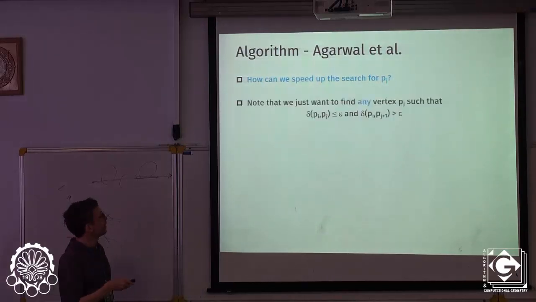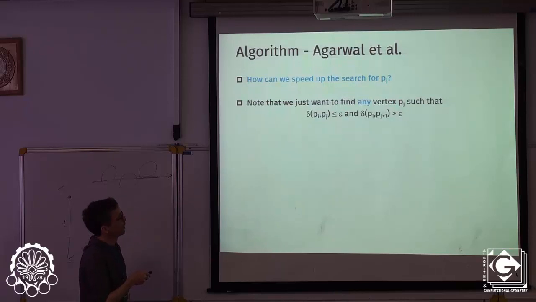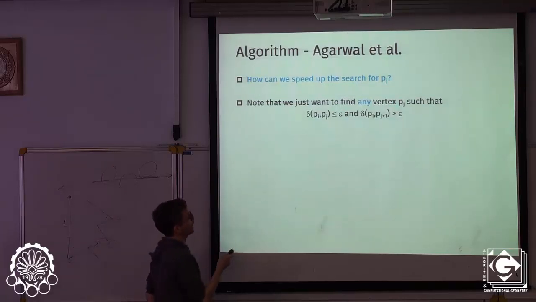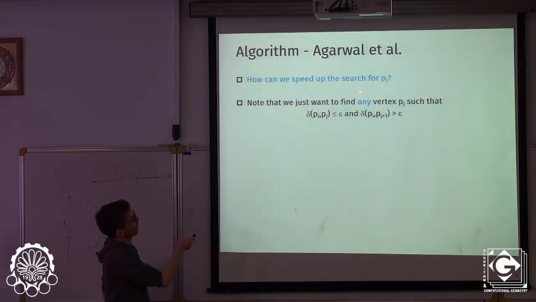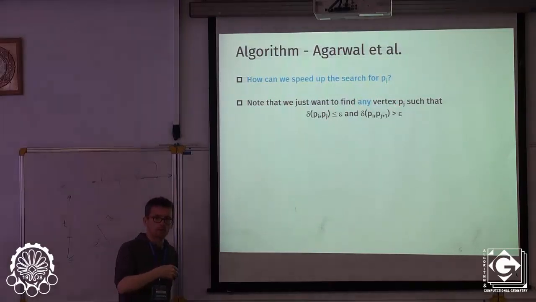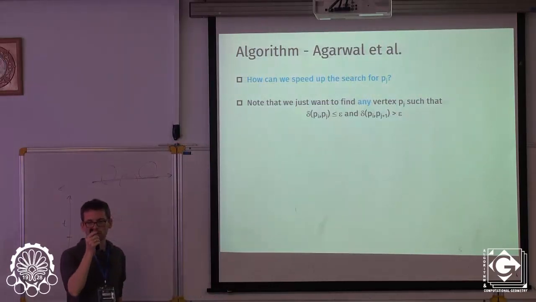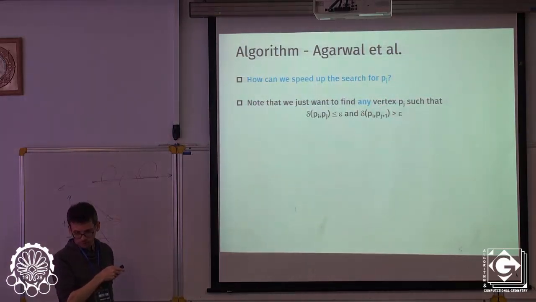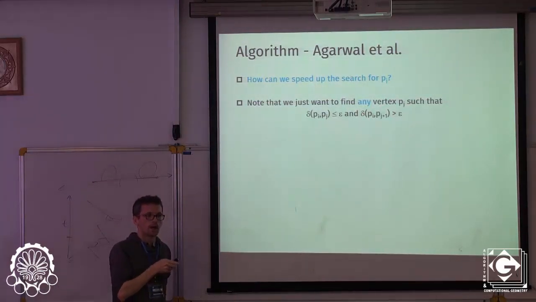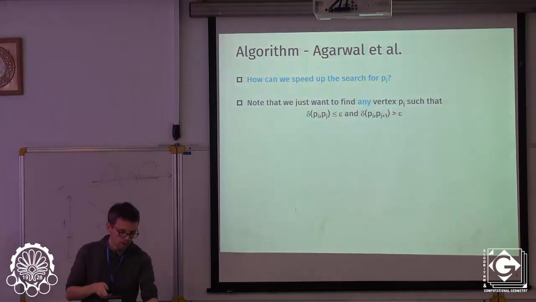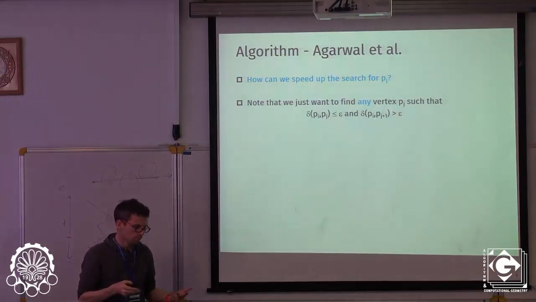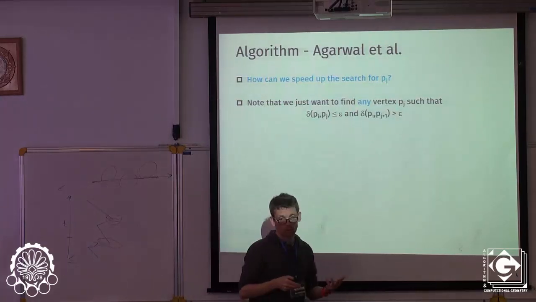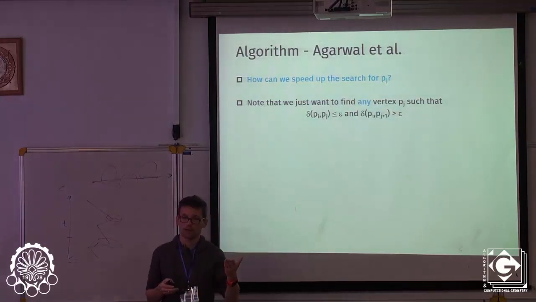An important observation here is that we just want to have any such vertex. It doesn't need to be the first, it doesn't need to be the longest. I just want any vertex with the property that this distance is small and the next one is large. Maybe the natural first idea might be to do a binary search.